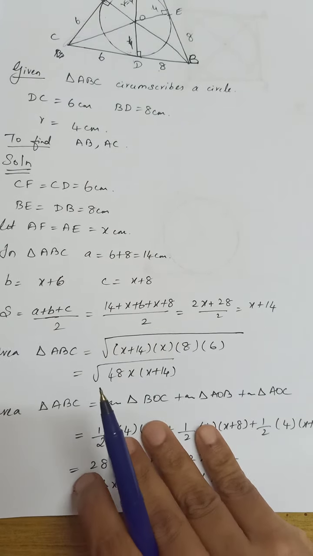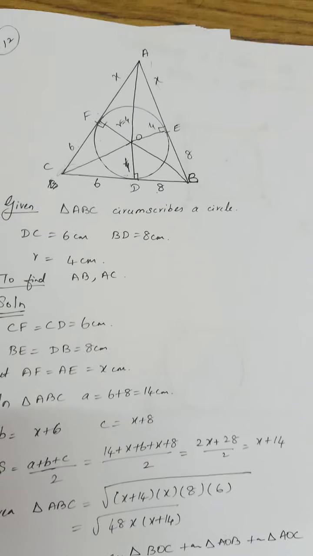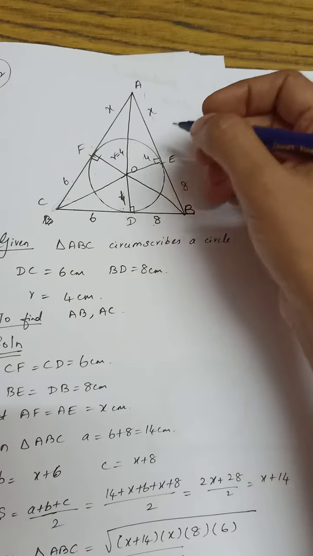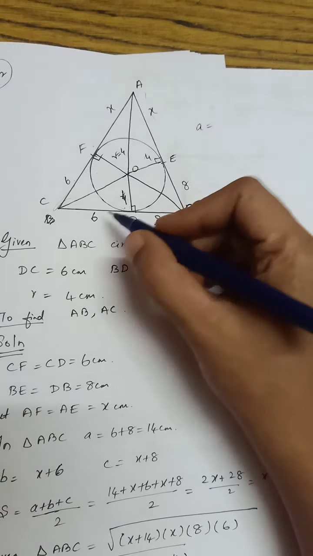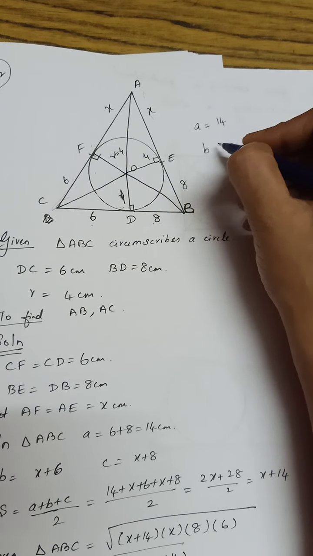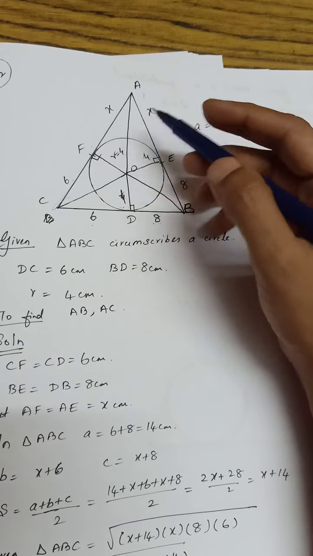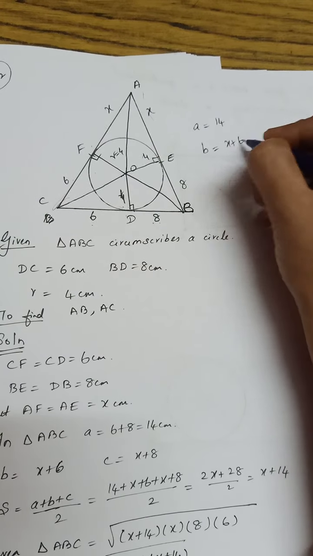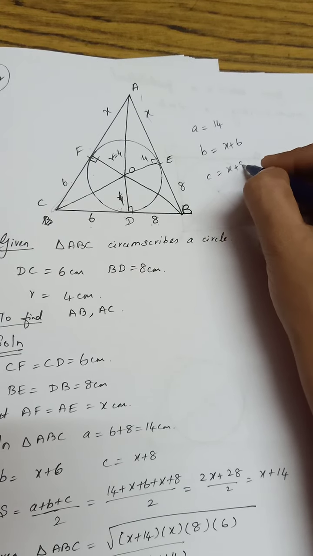You remember for Heron's formula, you need the three sides of the triangle: small a, small b and small c. So a will be 6 plus 8, 14 centimeter, b will be x plus 6, the second side, and c is x plus 8.